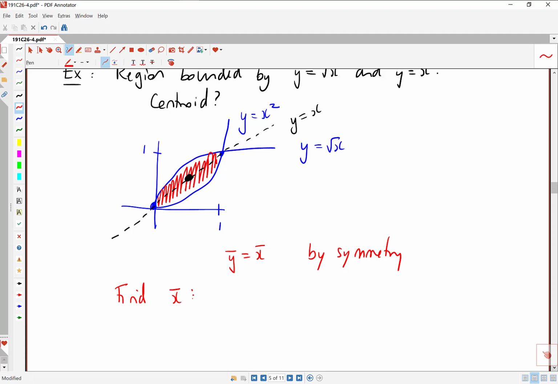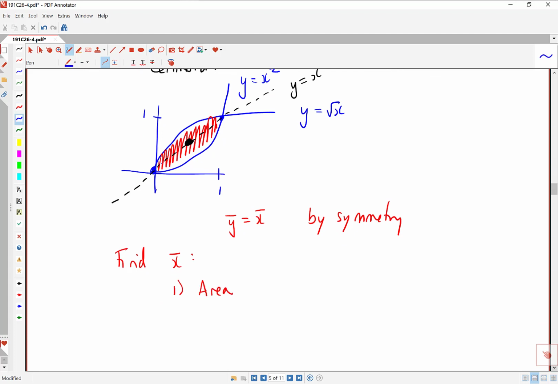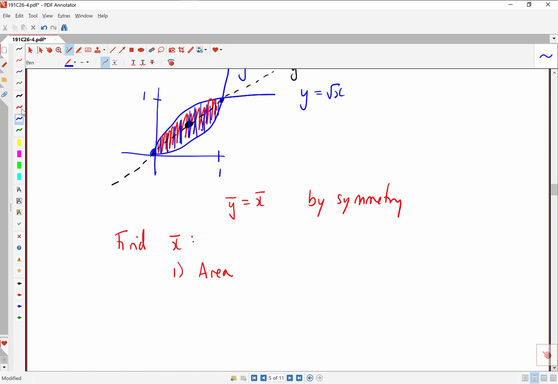So let's try to run through the 4 steps that we did in our previous problem. First thing we need to do is calculate the area of our region. So I would say vertical slices would work just fine here. That's usually our go-to approach unless we have some reason not to use vertical slices. Okay, so let's do vertical slices and we'll say area A is equal to the integral of, well, whenever we do vertical slices, y top minus y bottom times dx.